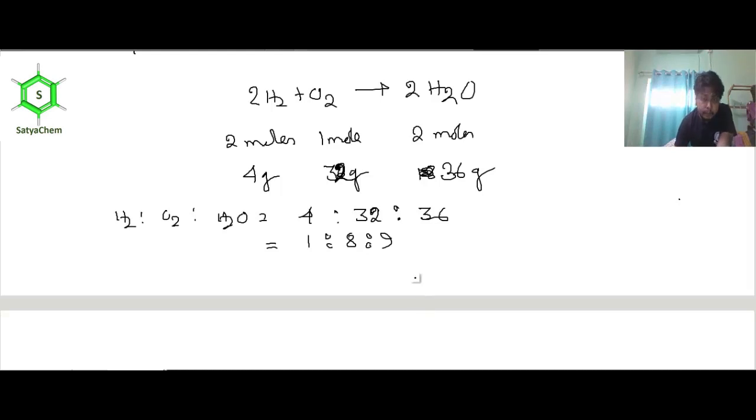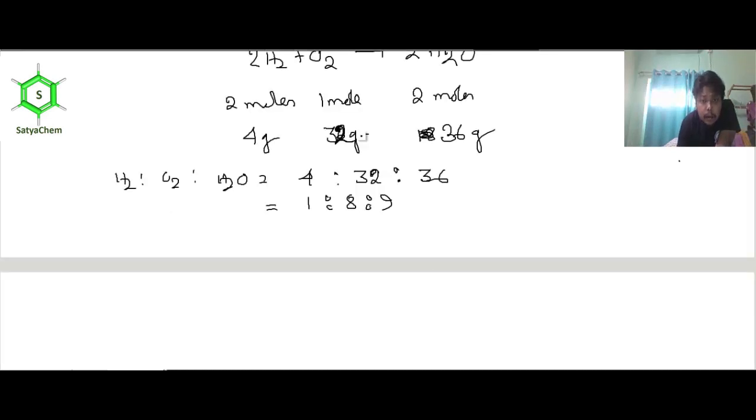But we can get the same information from equivalent weight. How will we get the same mass proportion using equivalent weight? Now consider the equivalent weight of hydrogen.